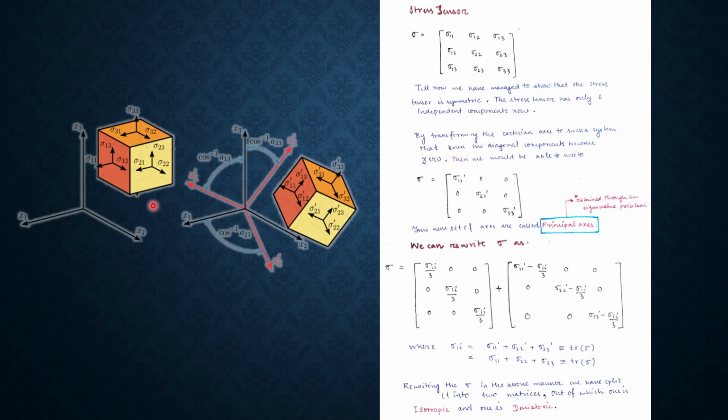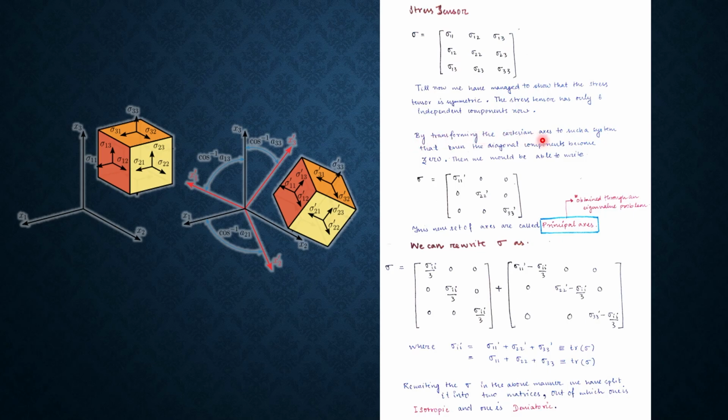So let's see how. Here is a stress tensor or the element of a stress tensor given in some kind of Cartesian axis. Now the axis gets rotated to a new system of x1 dash, x2 dash and x3 dash, and in that axis the stress tensor would change values. So this is the transformation of the axis to represent the stress tensor elements. And we can do this to our stress tensor too. And what is it?